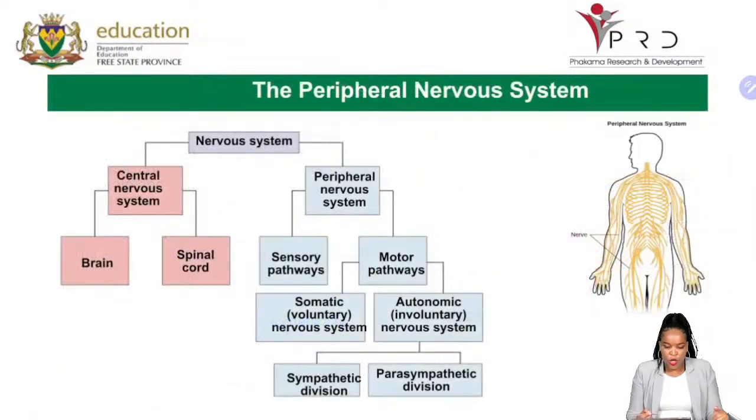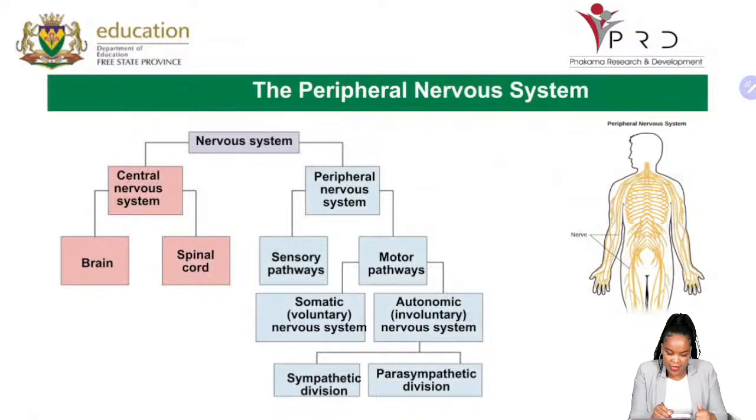Right. So we are done with the central nervous system. We have done the brain, we have done the spinal cord. Now we need to look at the other part of the nervous system. Remember, we said the nervous system consists of two parts.